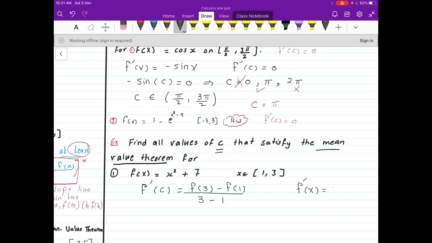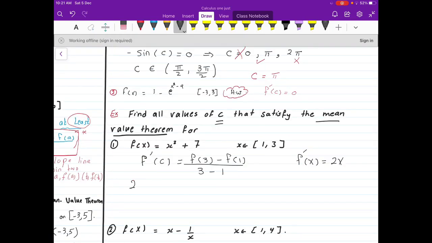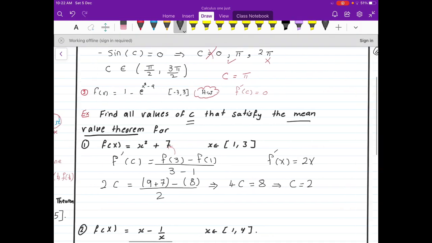This polynomial 2x. So, 2c = f3, instead of x we substitute 3. So we get 9 + 7 minus f1 8 over 2. Now, 2c times 2, 4c = 9 + 7, 16 - 8, 8. So we get c = 2.